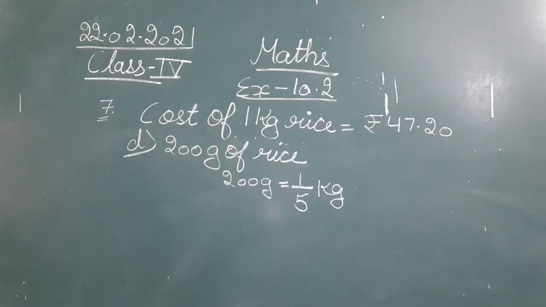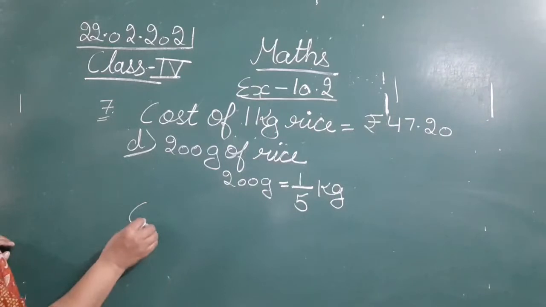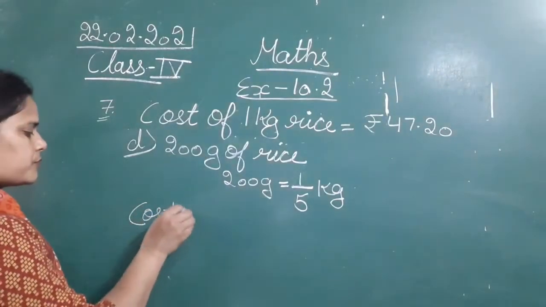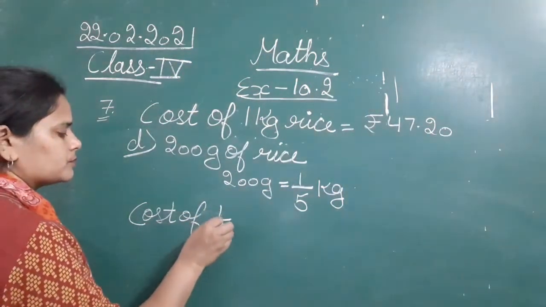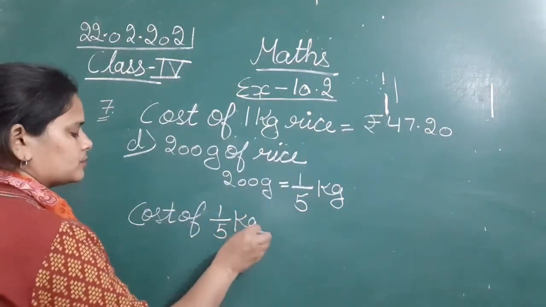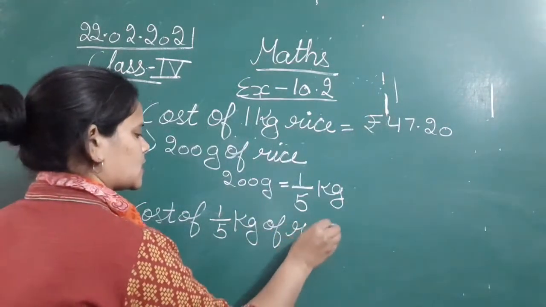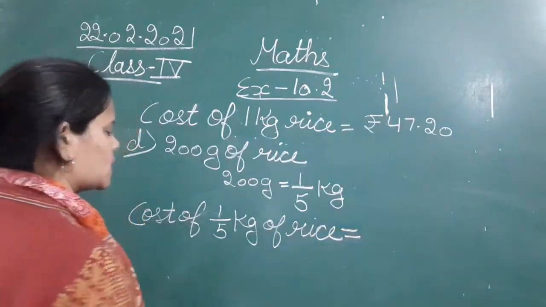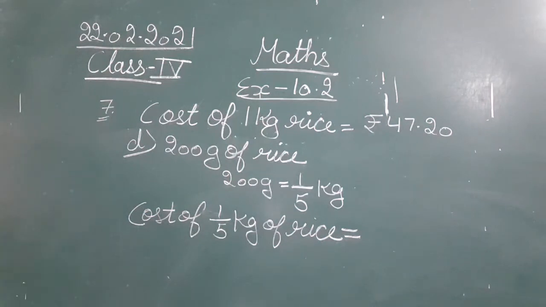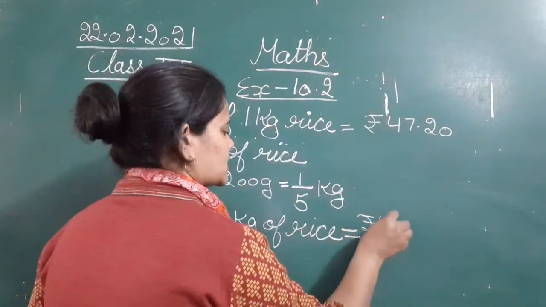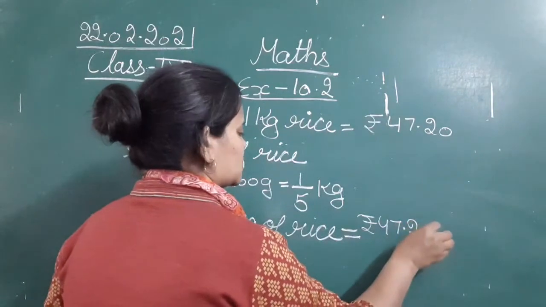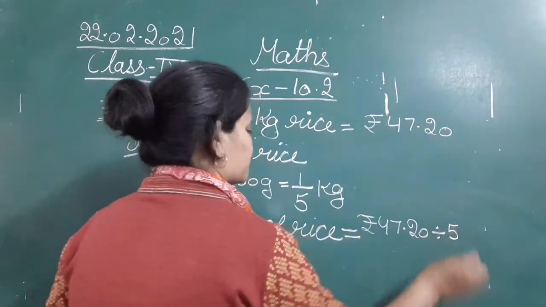So let's calculate the cost of 200 gram or 1/5 kg of rice. Okay, this is what we need to calculate. For this, we will divide the cost of 1 kg rice, that is 47 rupees and 20 paise, by 5.